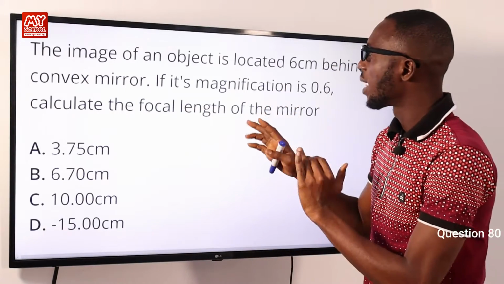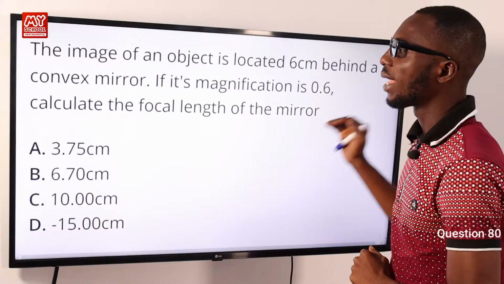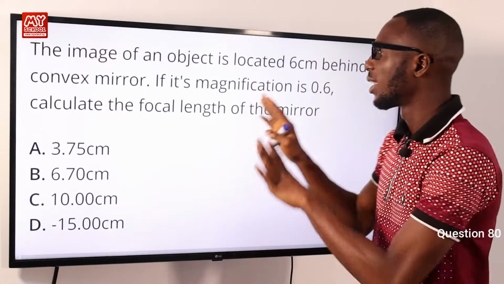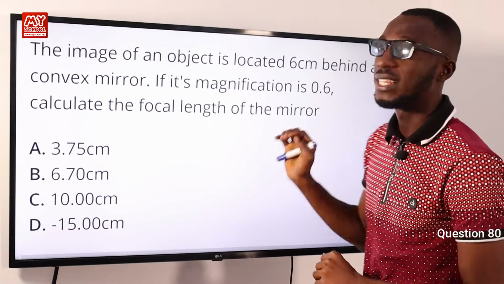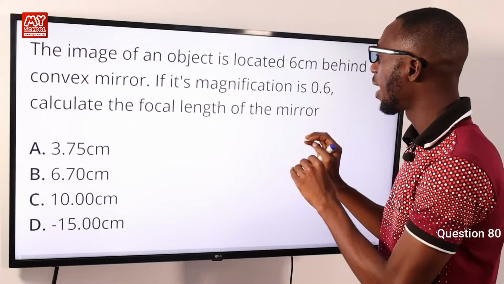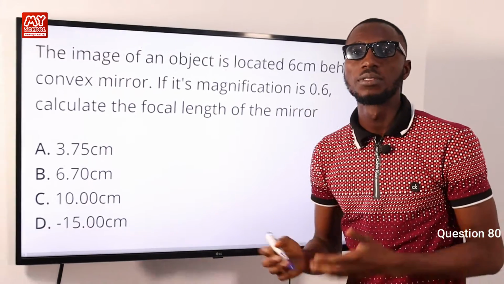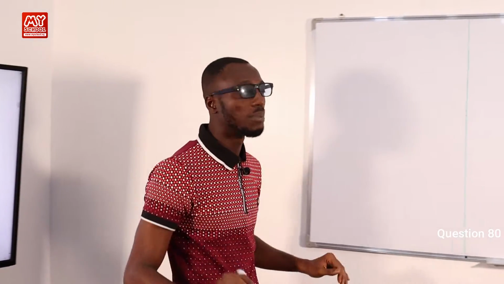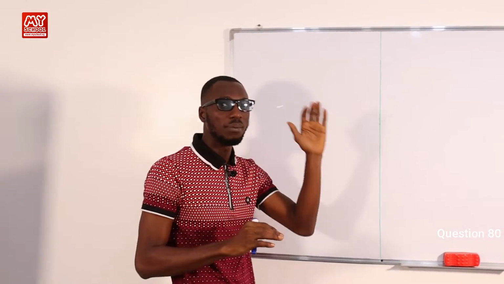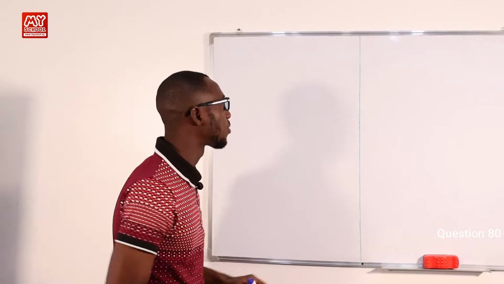The image of an object is located 6 centimeters behind a convex mirror. If its magnification is 0.6, calculate the focal length of the mirror. So recall that magnification is basically size of the image or height of the image over size of the object or height of the object.